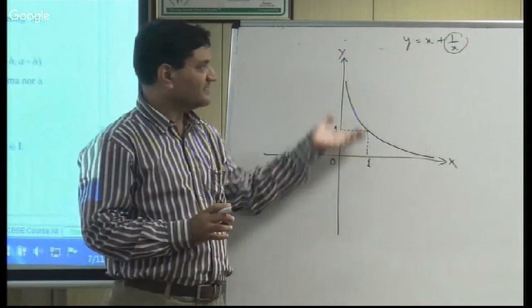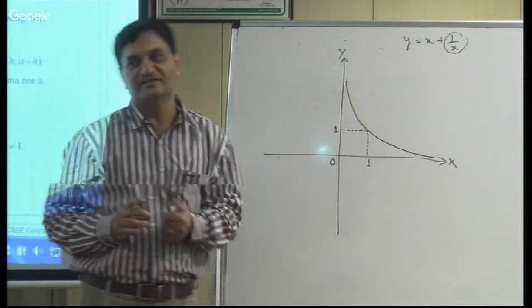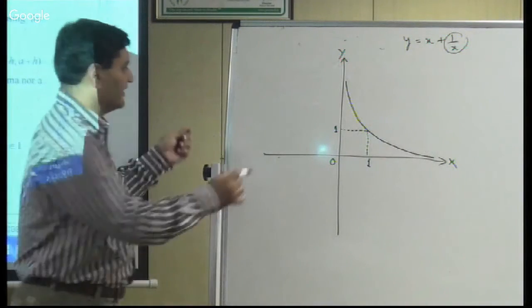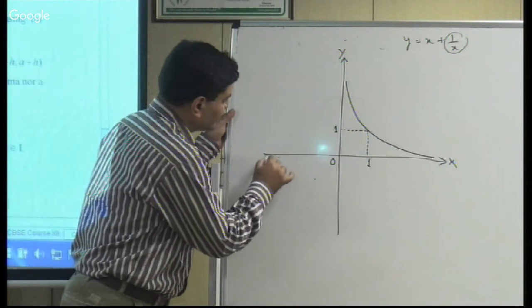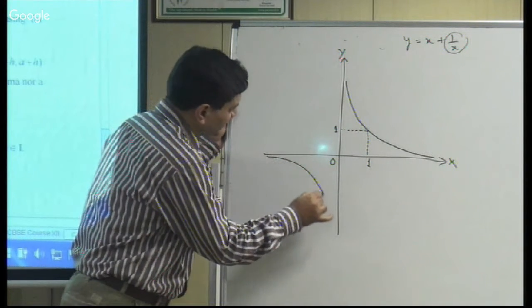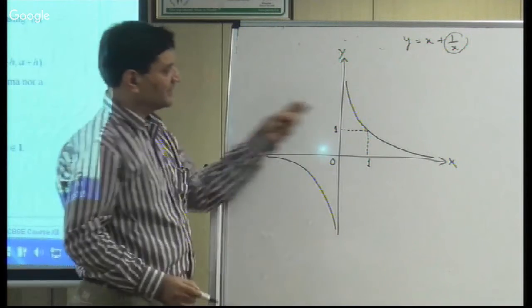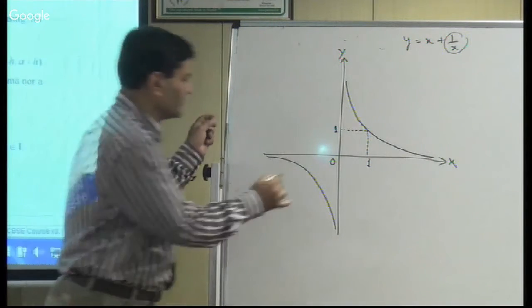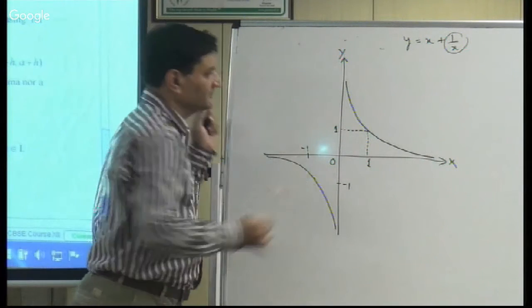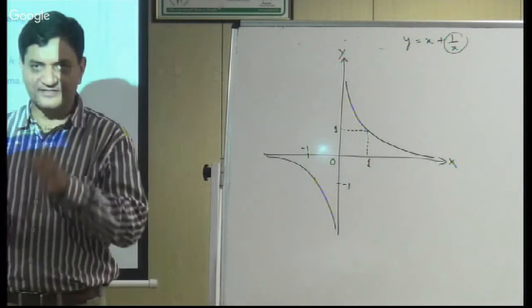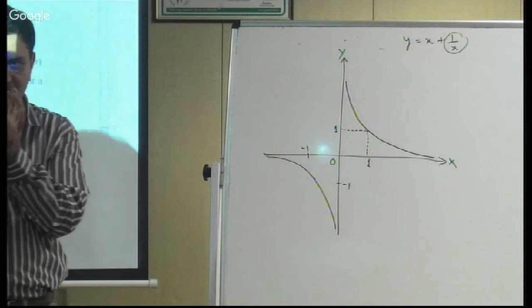So this explains the reason for the axes being the asymptotes, right? And for negative values also, you will have a similar curve, but in the opposite quadrant. Here, this point can be taken as -1, right? This is just a part of the function.